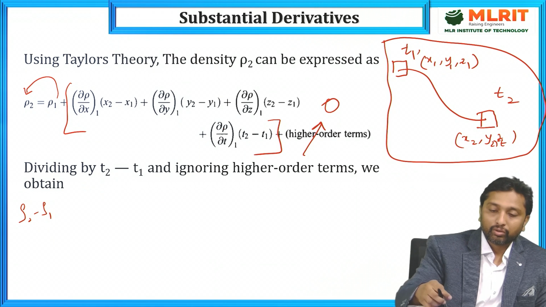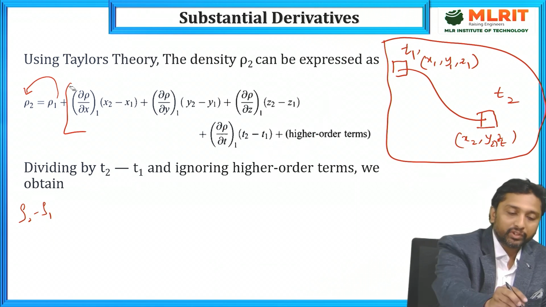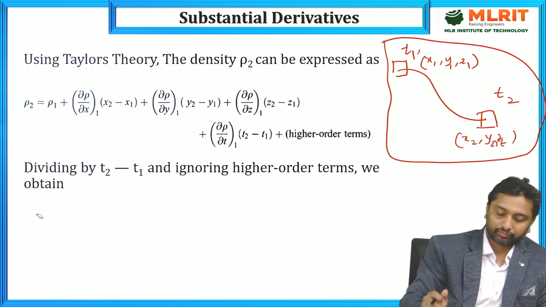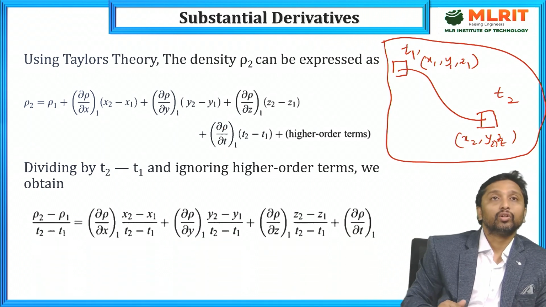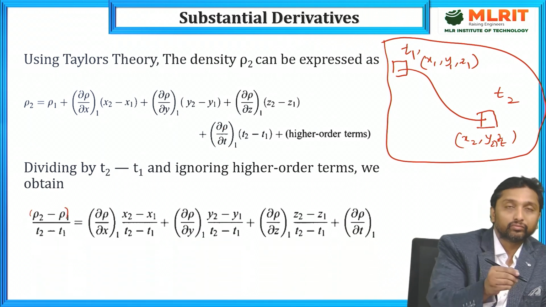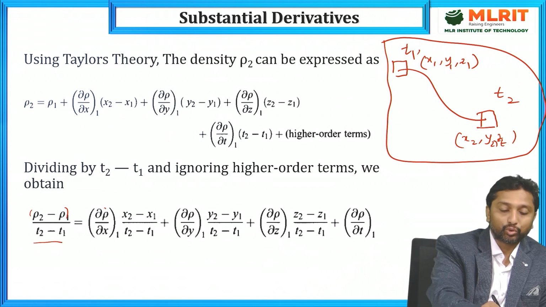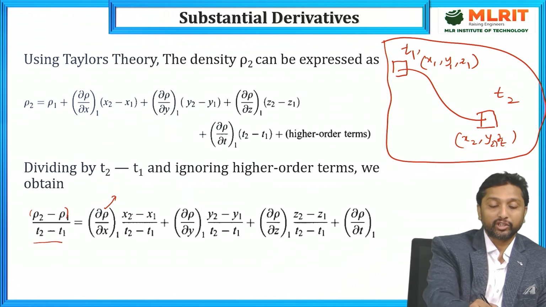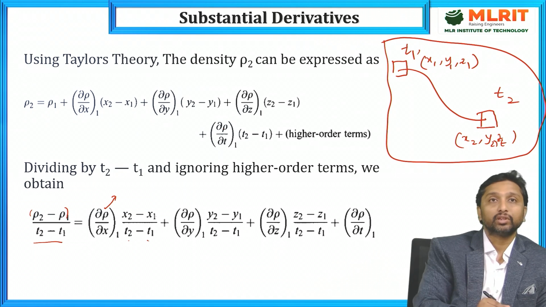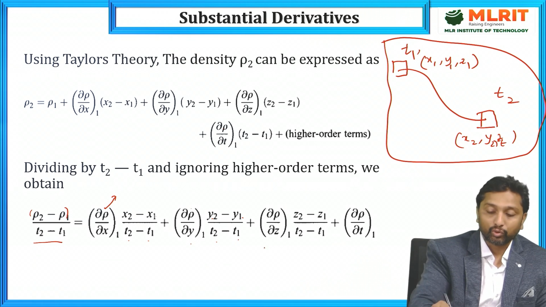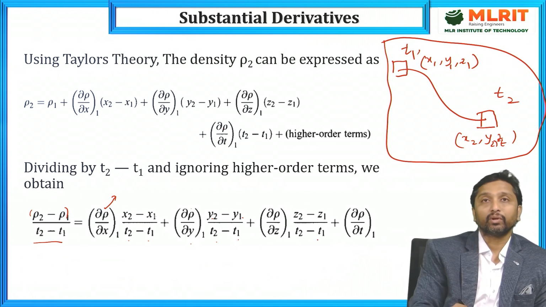By doing this, we end up with the equation rho2 minus rho1 by t2 minus t1 equals dou rho by dou x into x2 minus x1 by t2 minus t1, then dou rho by dou y into y2 minus y1 by t2 minus t1, then dou rho by dou z into z2 minus z1 by t2 minus t1.